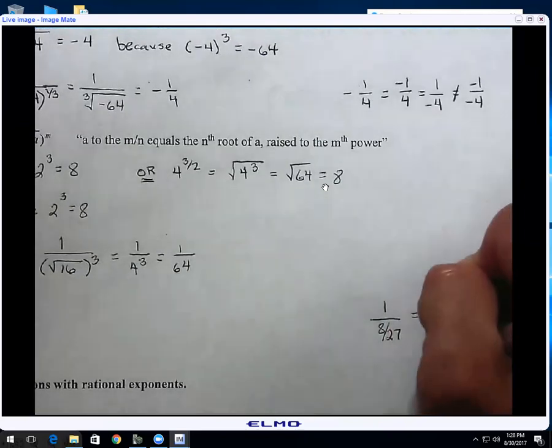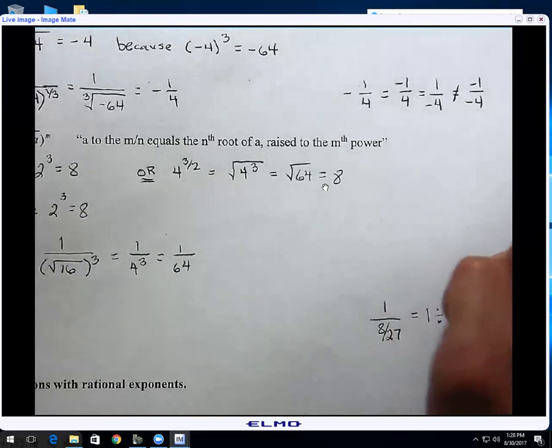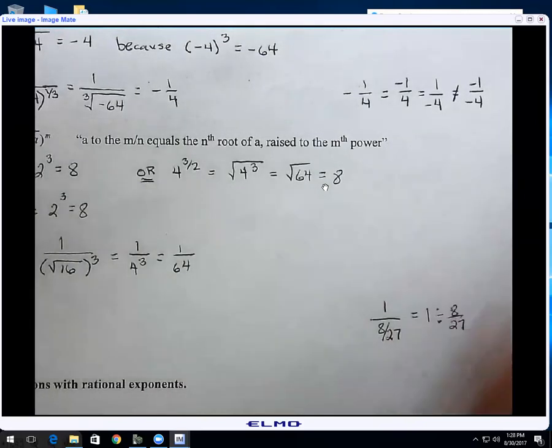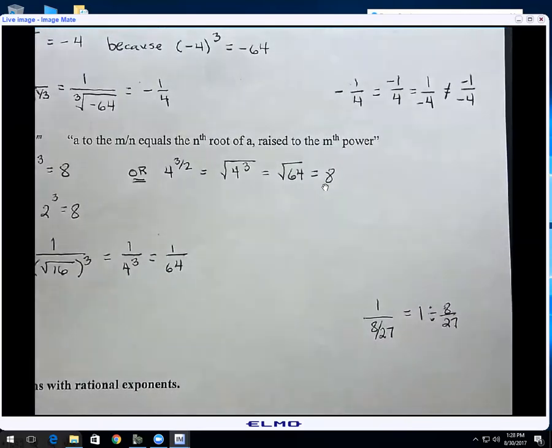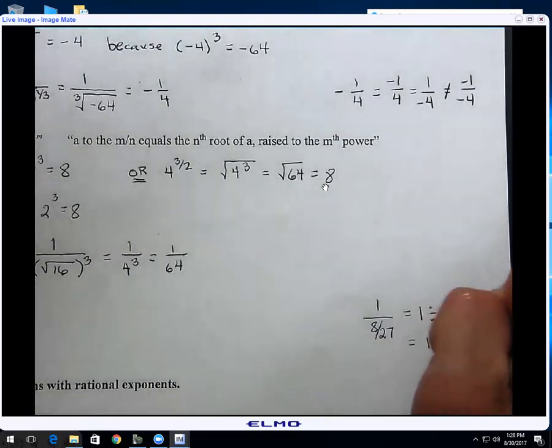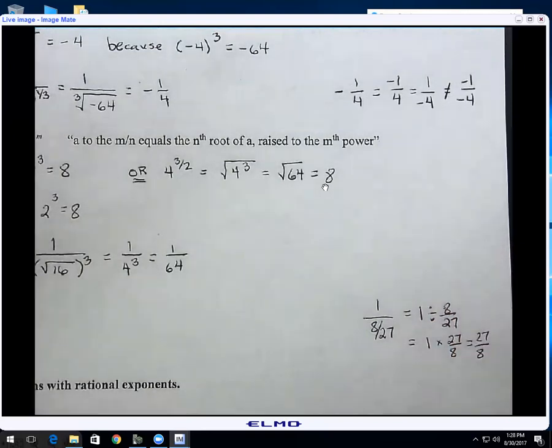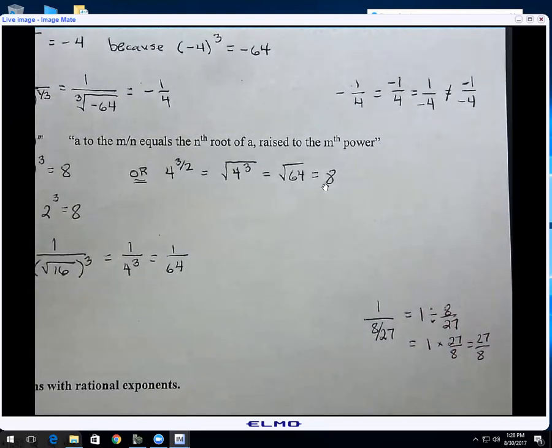If I gave you the division problem, 1 divided by 8/27, you multiply by the reciprocal of the second, the divisor. And you just get 27 over 8.